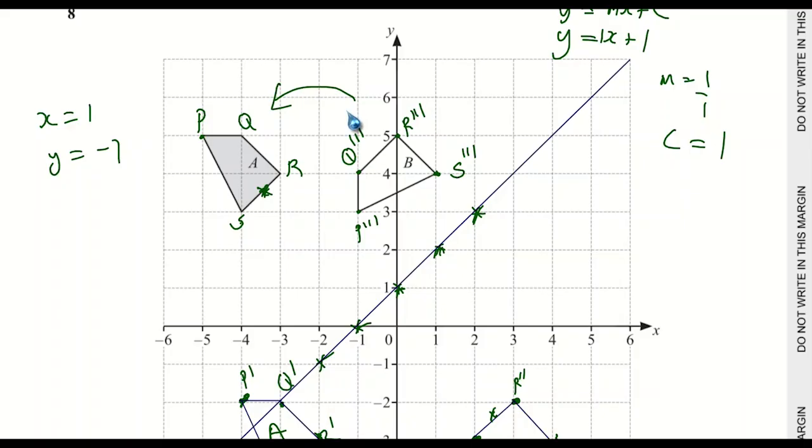So to do this, we need to get the center of rotation, right? We need to bisect two corresponding points. Okay, so using a pair of compasses and a ruler, we can actually do that, right?